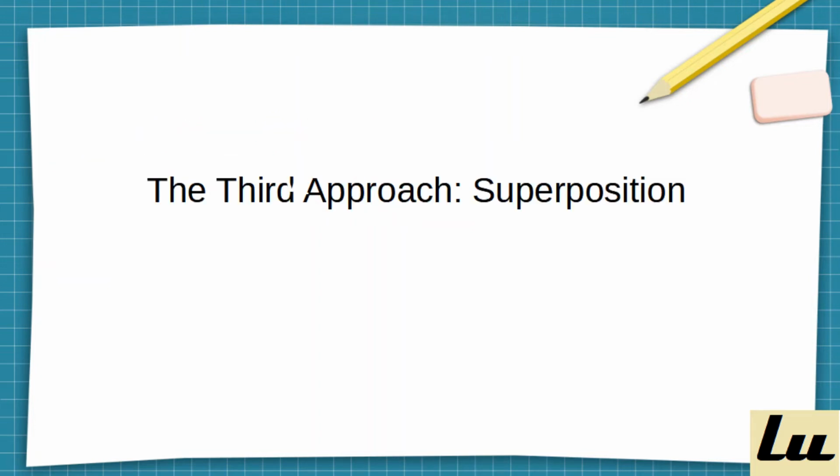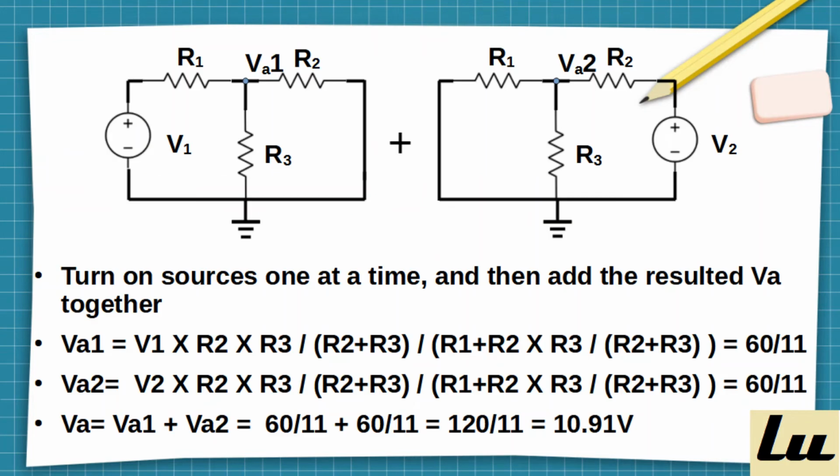The third approach, using superposition. Turn on sources one at a time, and then add the resulted VA together. VA1 can be calculated by the voltage divider made with R1 and R2, R3 in parallel.